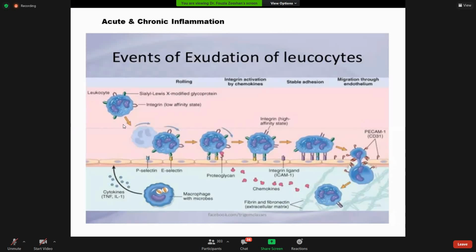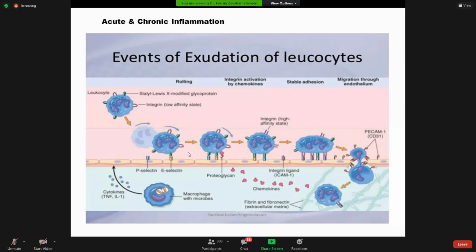So what happens when they arrange themselves along the endothelial linings? The selectin ligands on leukocytes attach to their respective selectins, and the integrins also attach to their respective ligands.